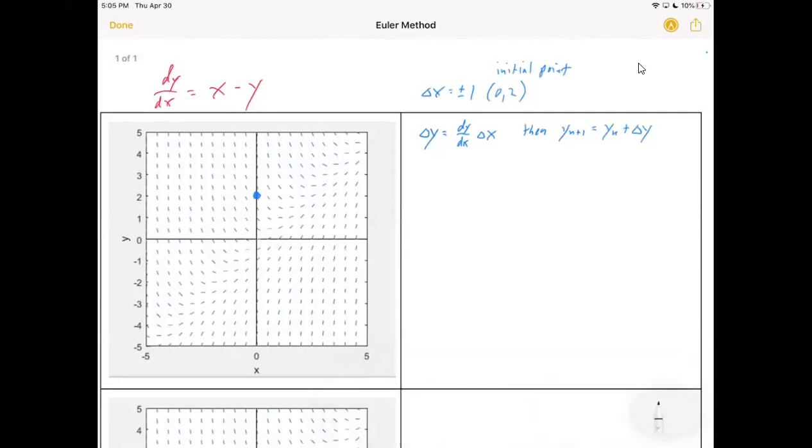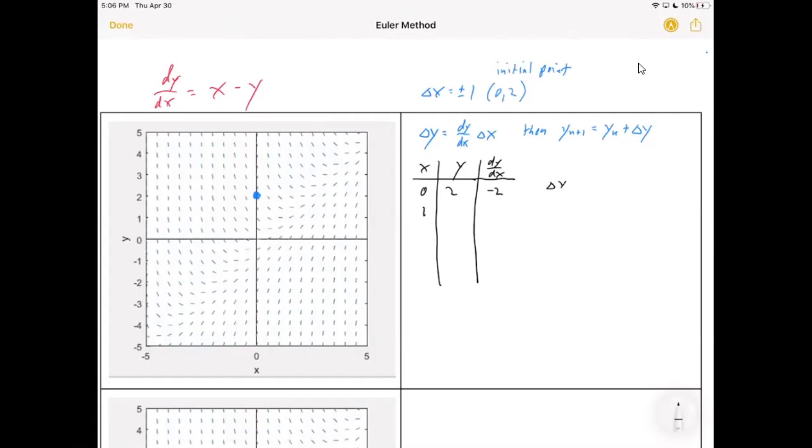So we're starting with x and y values of 0 and 2. And so we know dy/dx from the formula off to the left must be negative 2. So how do we find the next x and y value? Well, we've already said x should go up by 1. What should y do?